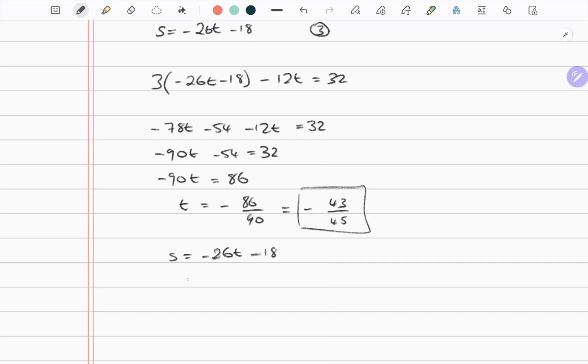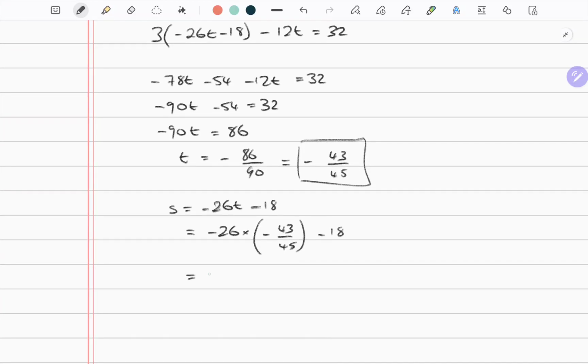We now have a value for t, so it's minus 26 multiplied by minus 43 over 45 minus that 18, and that will give us 308 over 45. So that is our value for s.